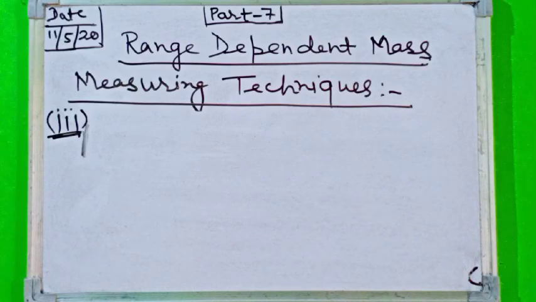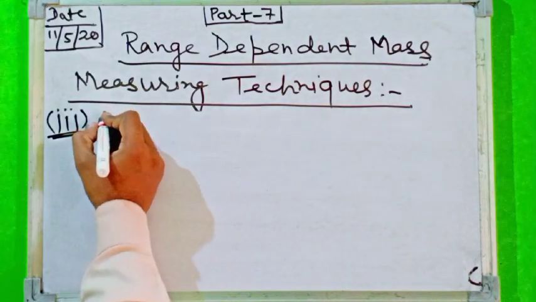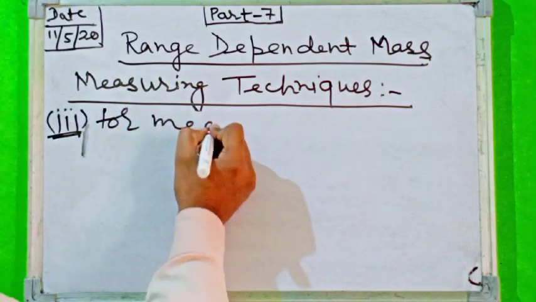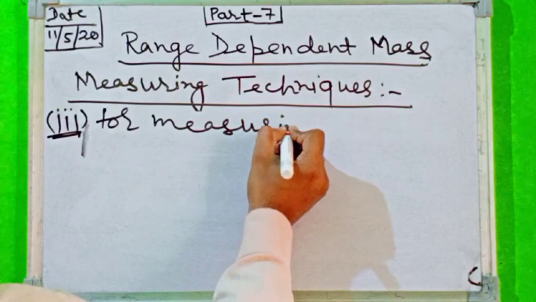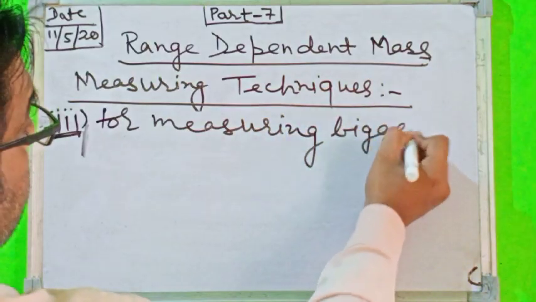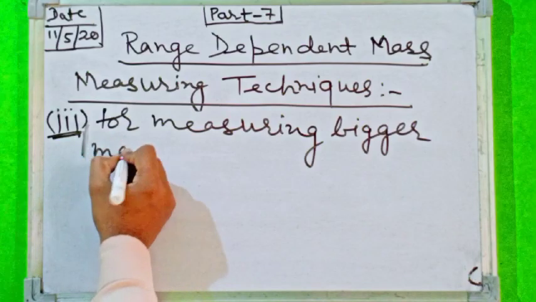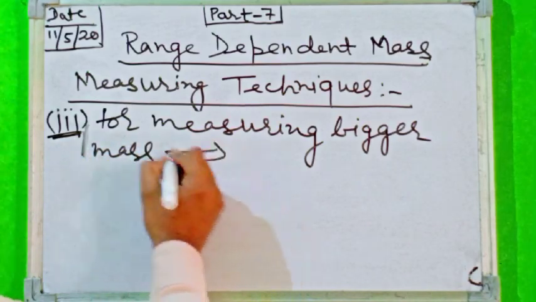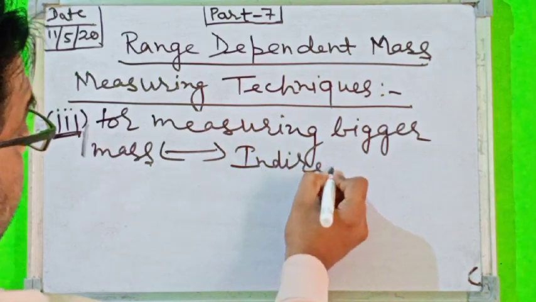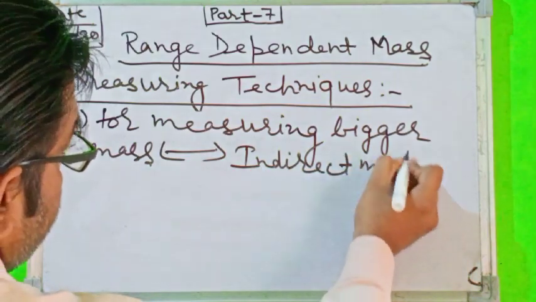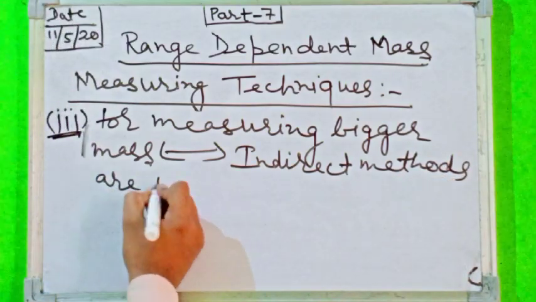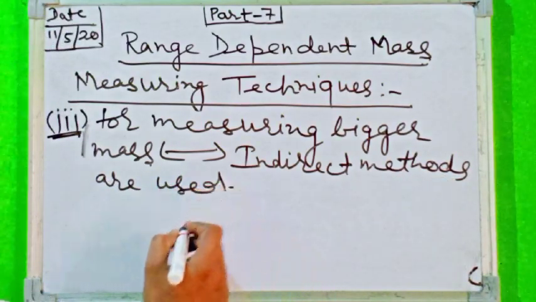So for measuring bigger masses, indirect methods are used.